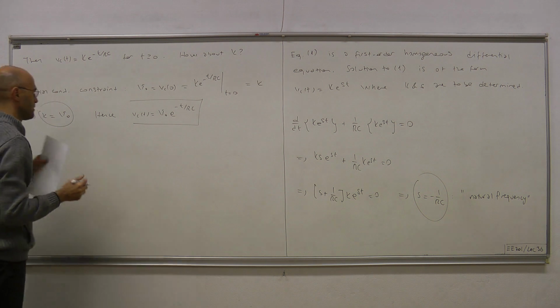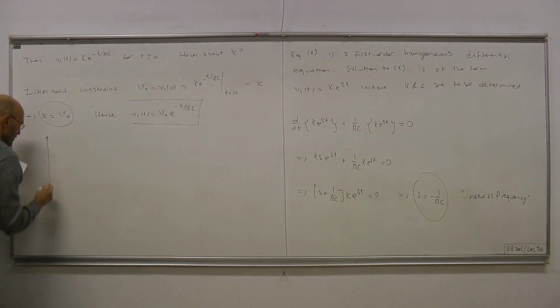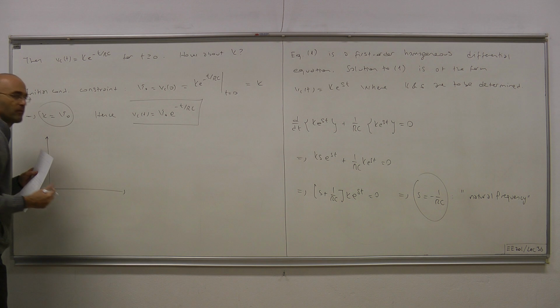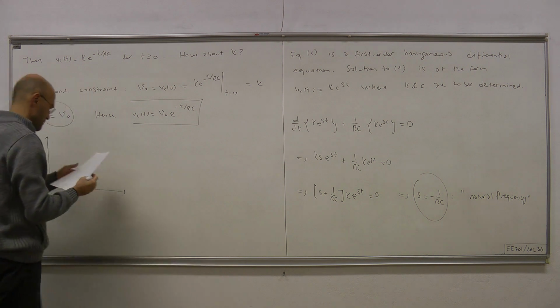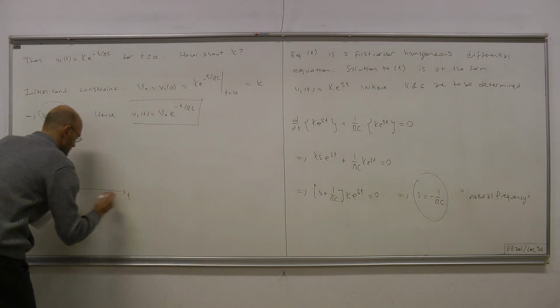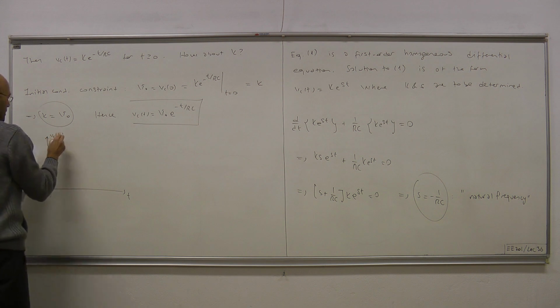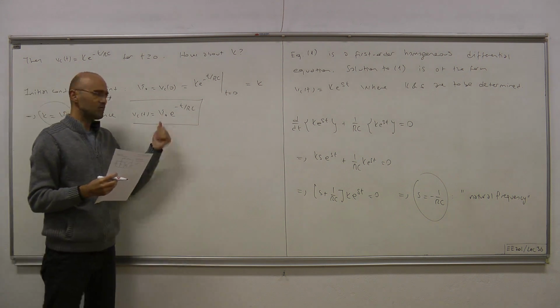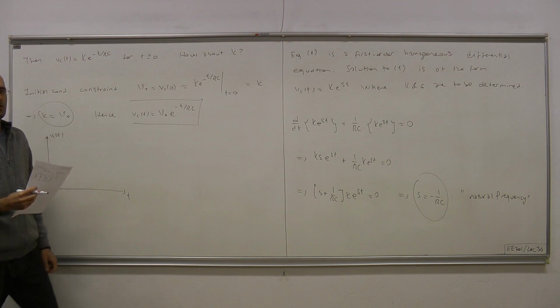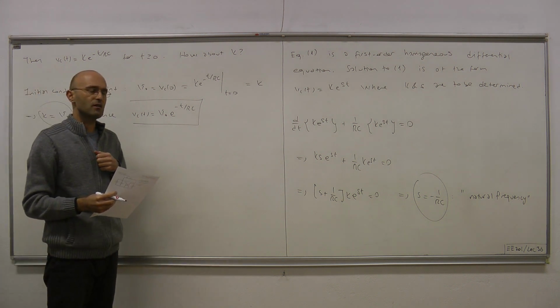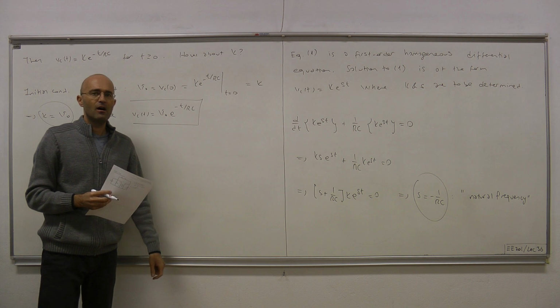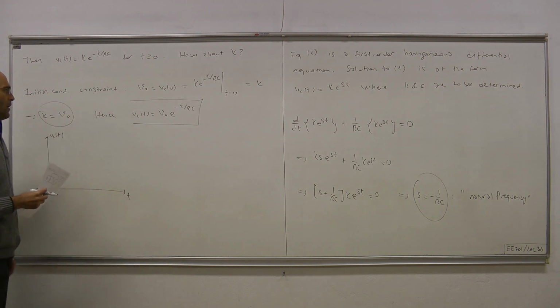So how that waveform looks is as follows. VC of t. Suppose that V0 is positive, and also suppose that we're dealing with a passive circuit, that is both R and C are positive constants.